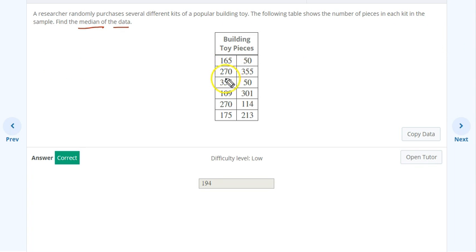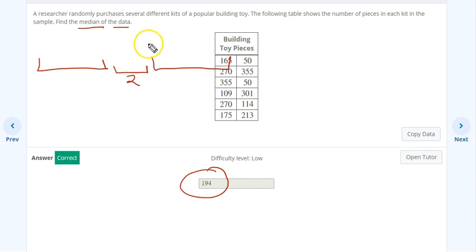Now there's 12, so you'll have 5 on one side, 5 on the other, then you have 2 in the middle. Add those together and divide by 2. That will give you your median, which turns out to be 194. Again, we're going through strategy here, and when you have something like this, this is what you would have to do.